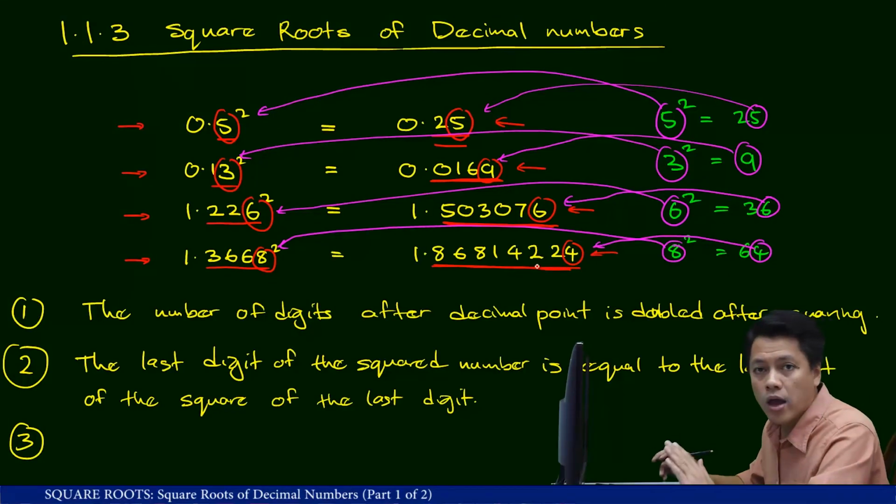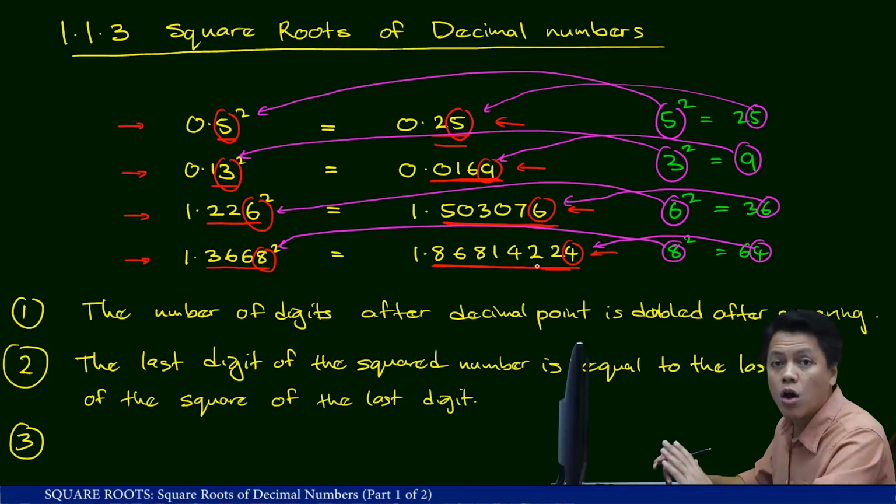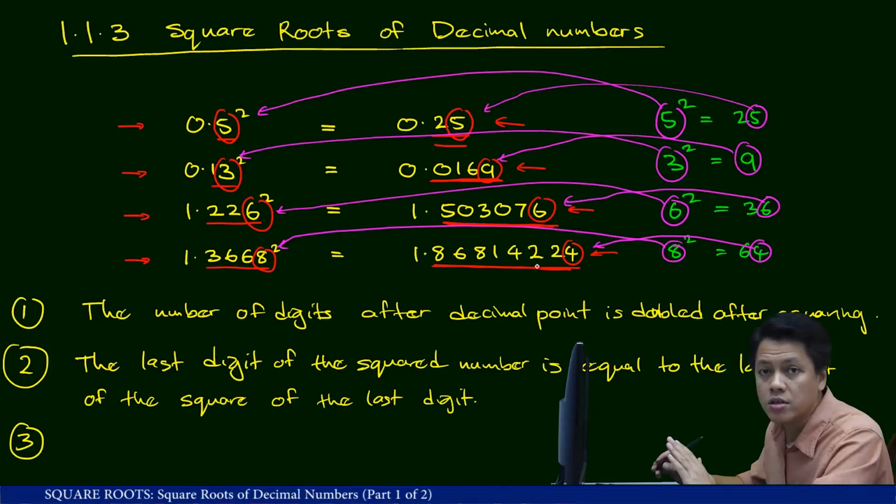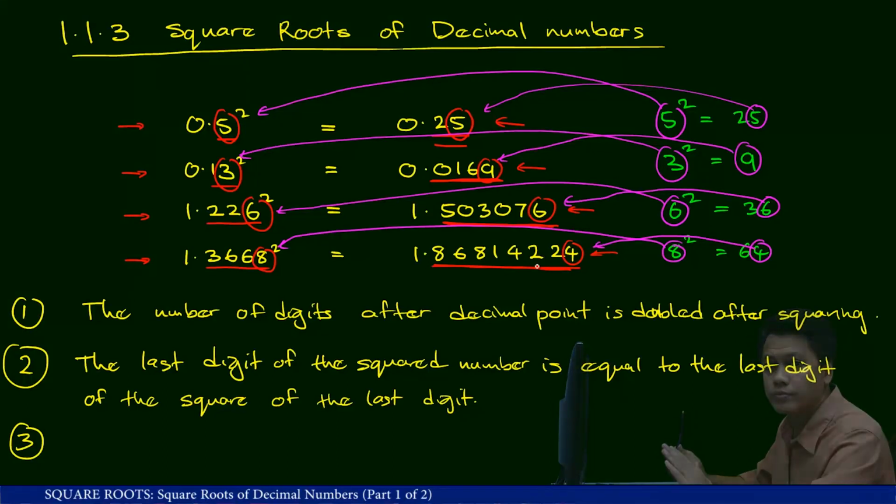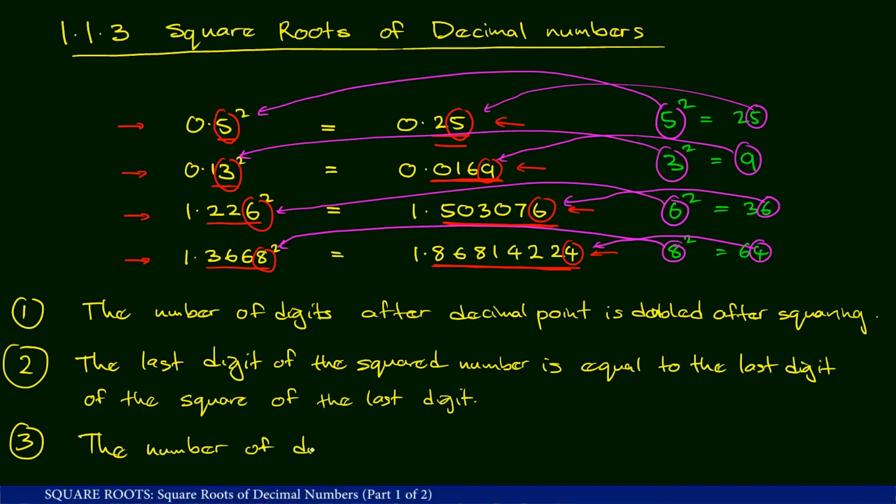So the square of a decimal cannot have an odd number of digits after the decimal point. The number of digits after the decimal point of a squared number is even.